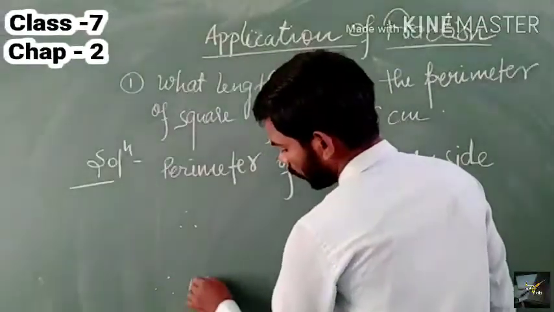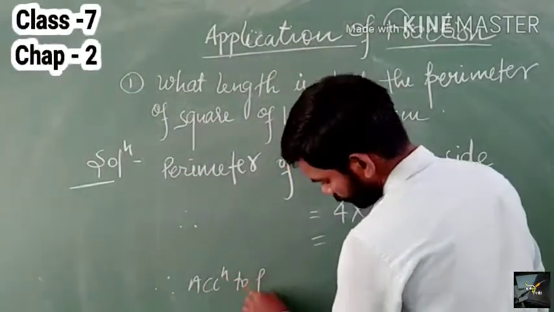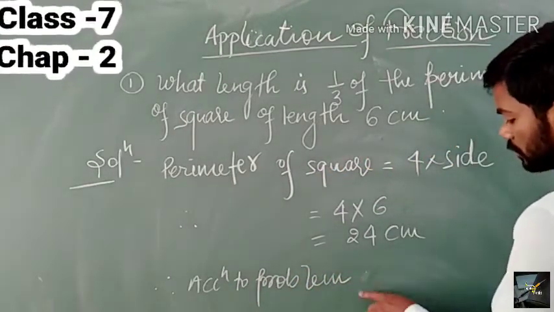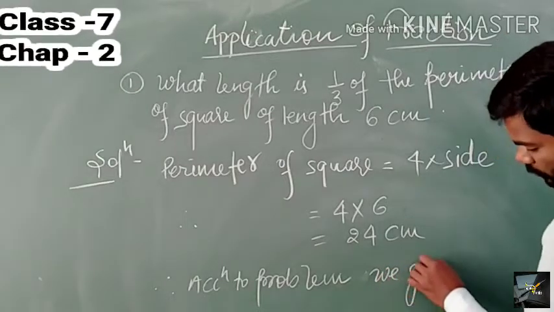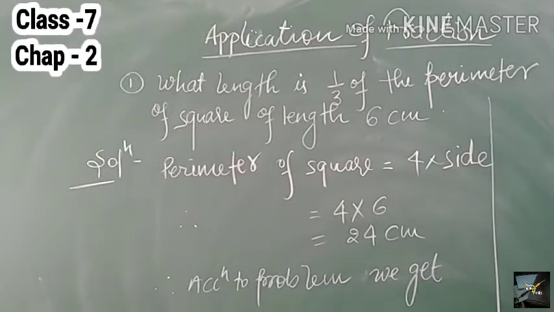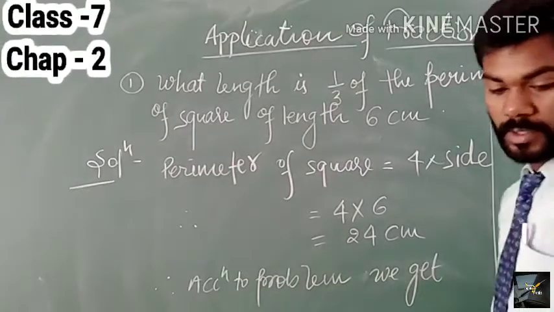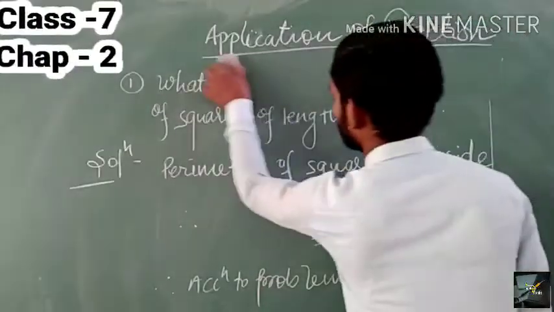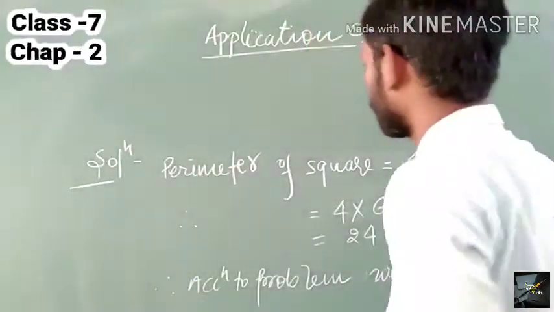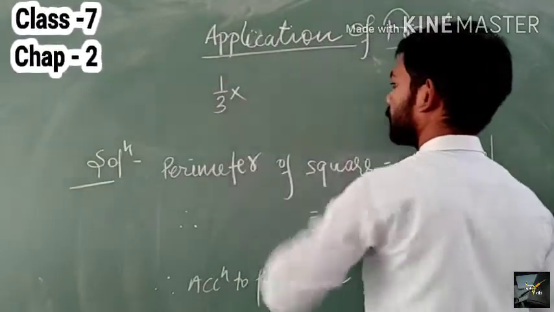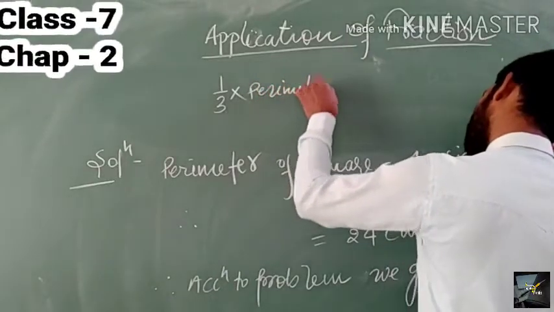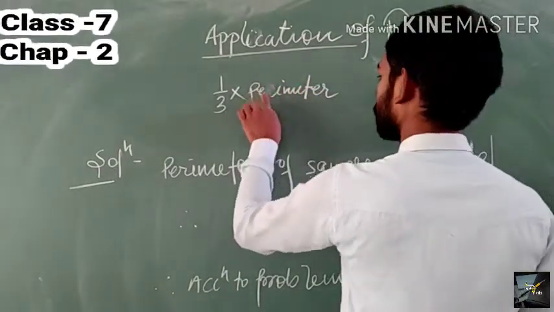Therefore, according to the problem, we get 1 by 3 multiplied by the perimeter of the square.